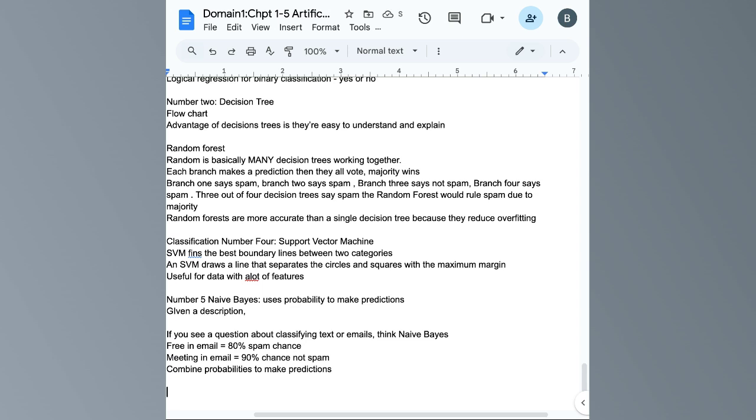Number 6, K nearest neighbors, KNN. KNN is simple. Find the most similar examples and see which categories they belong to.